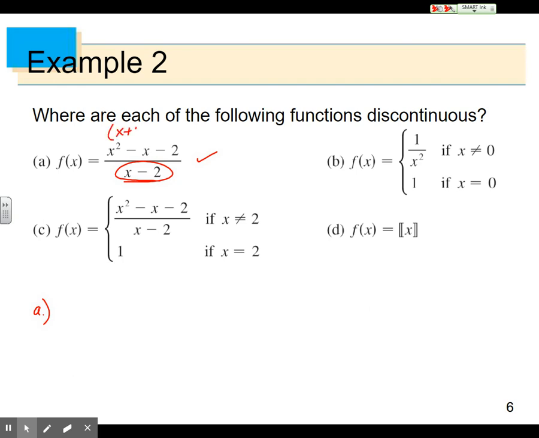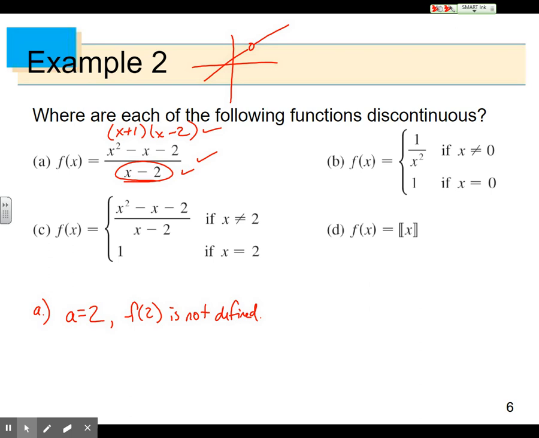But if I dig in a little bit deeper and go back to the top, I actually see that it's going to end up being a hole right there, correct? Because my x minus 2's cancel. I'll show you what this graph looks like in a minute, but it actually looks something like this, where at 2, there's going to be a hole and it just keeps going. So at A, where's the discontinuity? It's going to be at 2. And the reason why is because f of 2 is not defined.